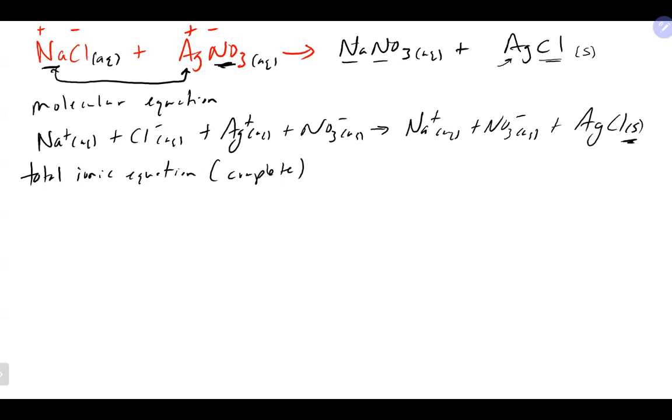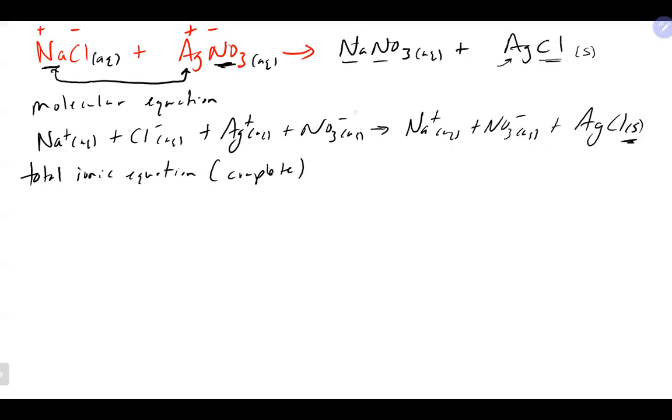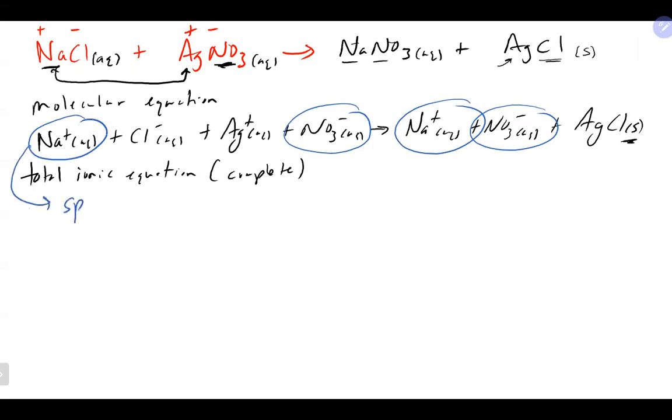When we look at this equation, we can find ions on both sides of the arrow, which look exactly alike. So we got some nitrate, we got some sodium. These guys here are what are referred to as spectator ions. So all the guys in the blue circles are spectator ions. They are there really just to balance out the charge, but they are not really there to form the actual product that's being made.